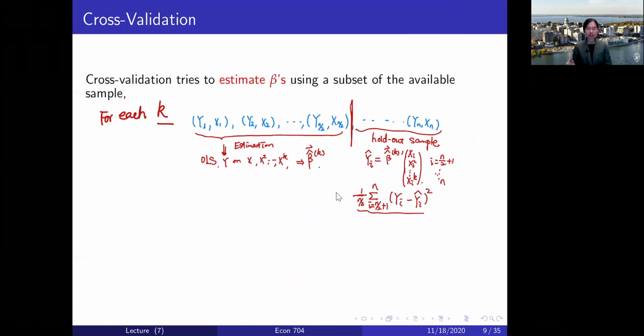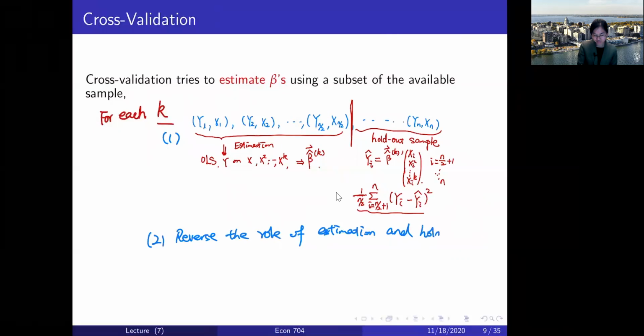So cross-validation has a second step. That is, you reverse the role of the holdout sample and the estimation sample. So one, you're going to do this, and two, reverse the role of estimation and holdout sample.